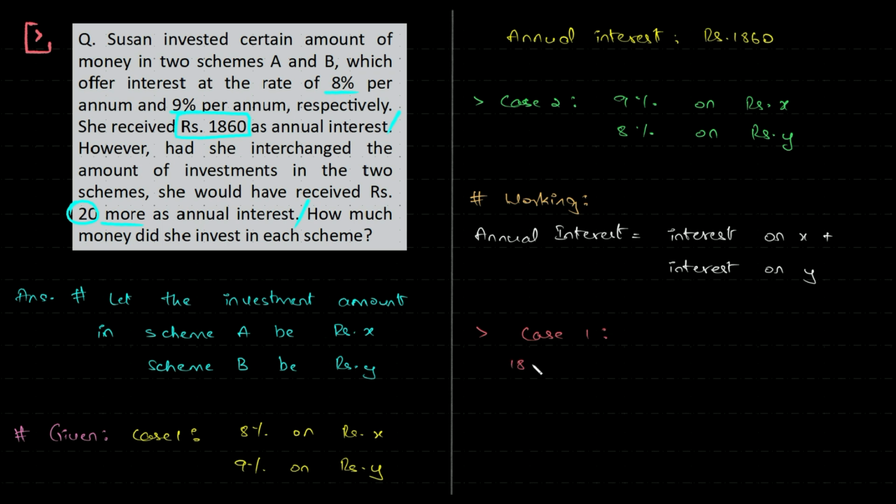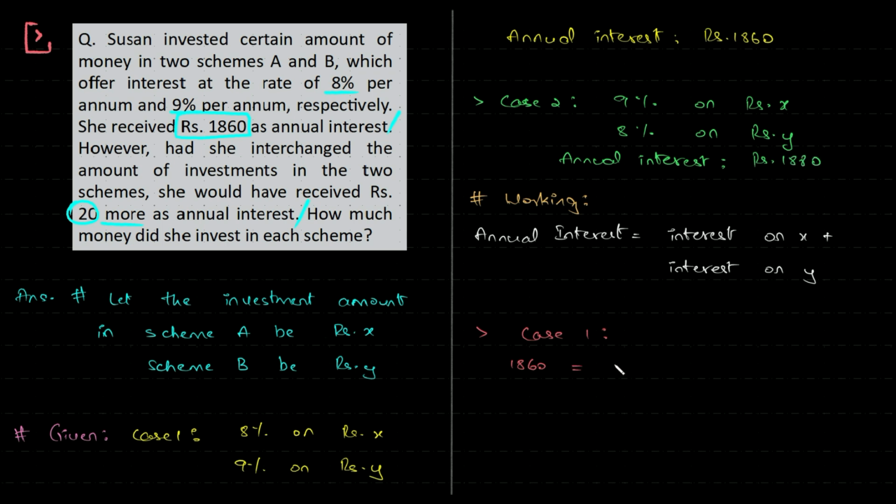Annual interest is 1860. Oh yeah, by the way, here the annual interest is 20 rupees more, 1880. That's also important.